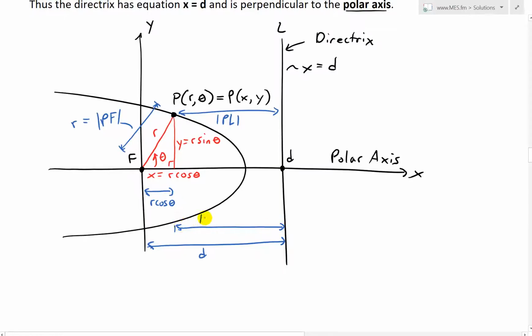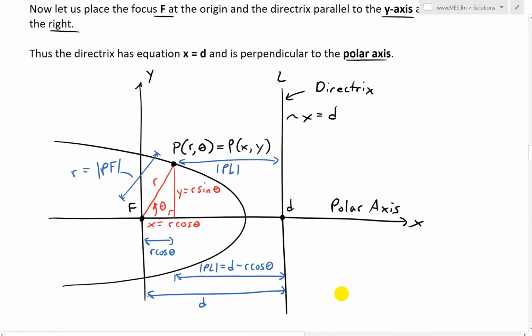This is going to be our PL. This just equals D minus, so we just subtract this distance from this full distance here. So D minus r cosine theta. So that is the distance there. And then we could just apply the theorem, or the ratio PF over PL, set that equal to the constant E, like that. And there is our application of the theorem there.